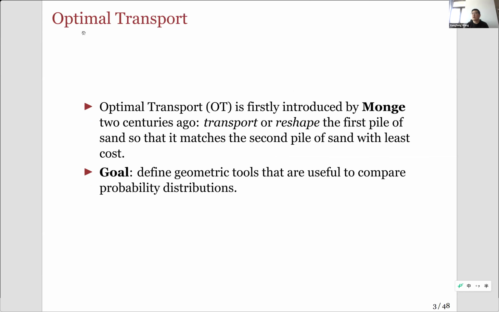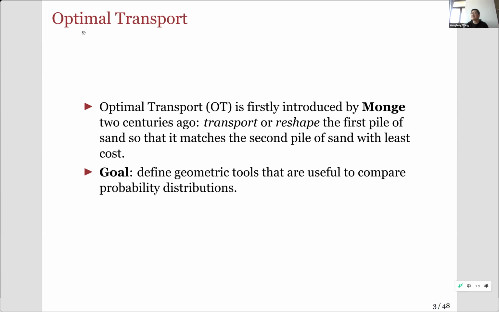Let's start with a core concept, optimal transport, which I think all of you are very familiar with. This idea dates back over two centuries to Monge. He posed a seemingly simple question: if you have a pile of sand or soil and want to move it to form a differently shaped pile somewhere else, what is the most efficient way to do it?